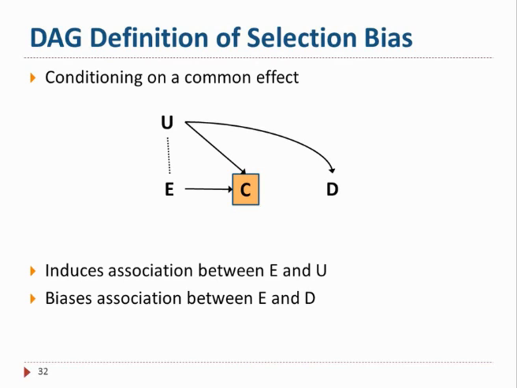And the DAG definition of selection bias, or the structural definition of selection bias, is conditioning on a common effect. We have the two arrows coming into a variable. It collides there, and when we adjust for that variable, we're inducing bias.